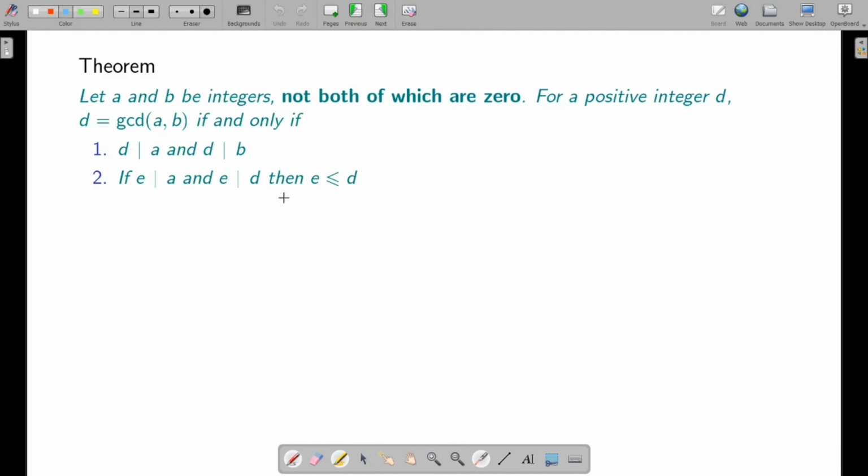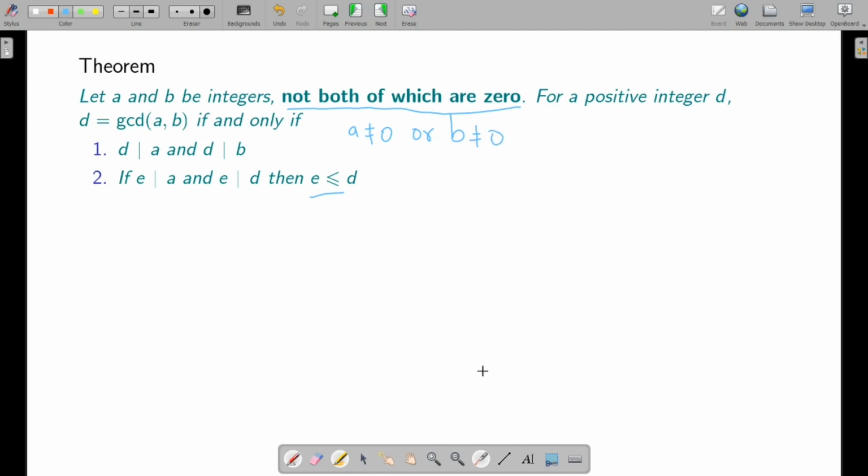Okay, so this is the one which I was talking about earlier. This is generally what is given as the definition of GCD. Burton at least gives it in this way. I have bolded this here. This definition only works when A and B are not both 0, that is, either A is non-zero or B is non-zero.